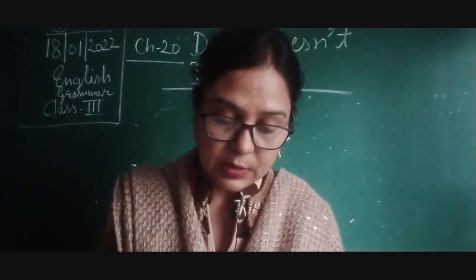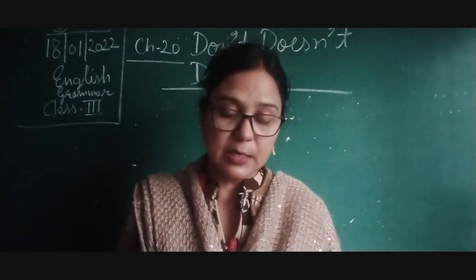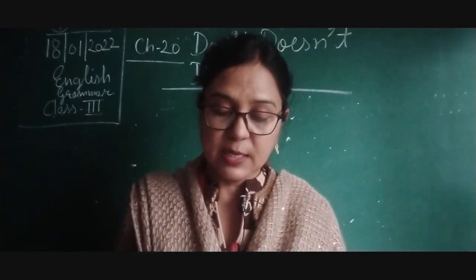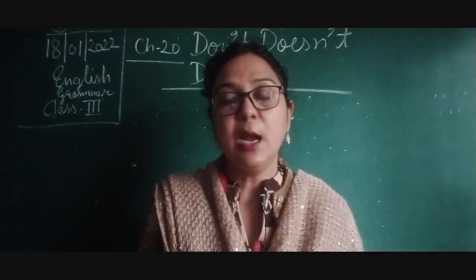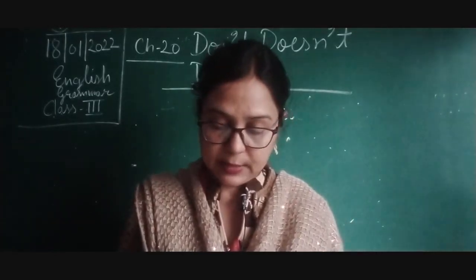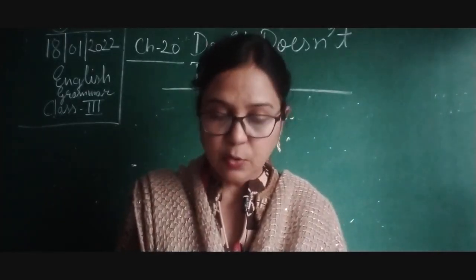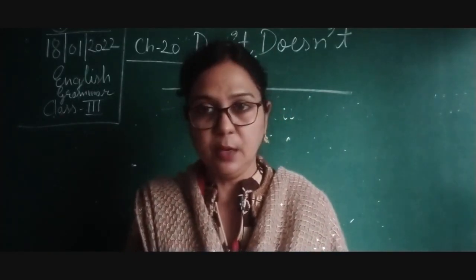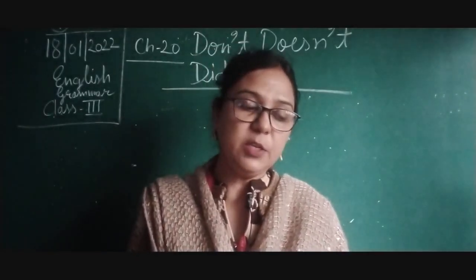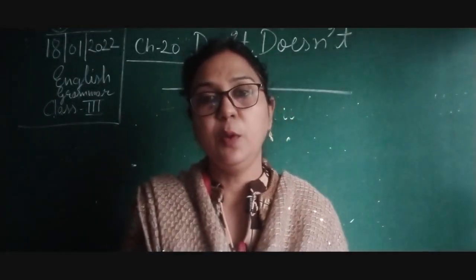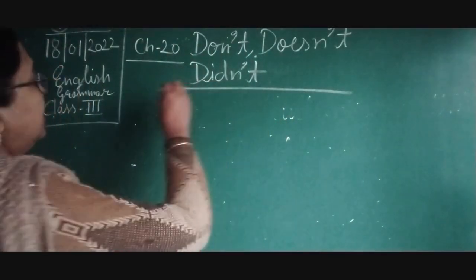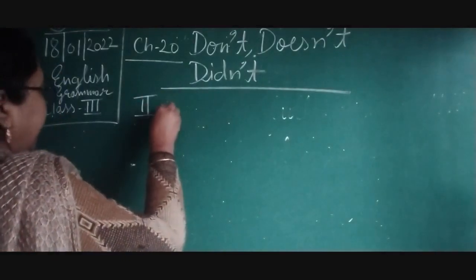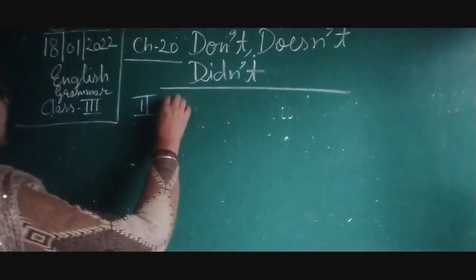Today we are going to start the second exercise, that is fill in the blanks with don't, doesn't and didn't. You can find it on page number 81. Please turn over the page and we are going to start the exercise.